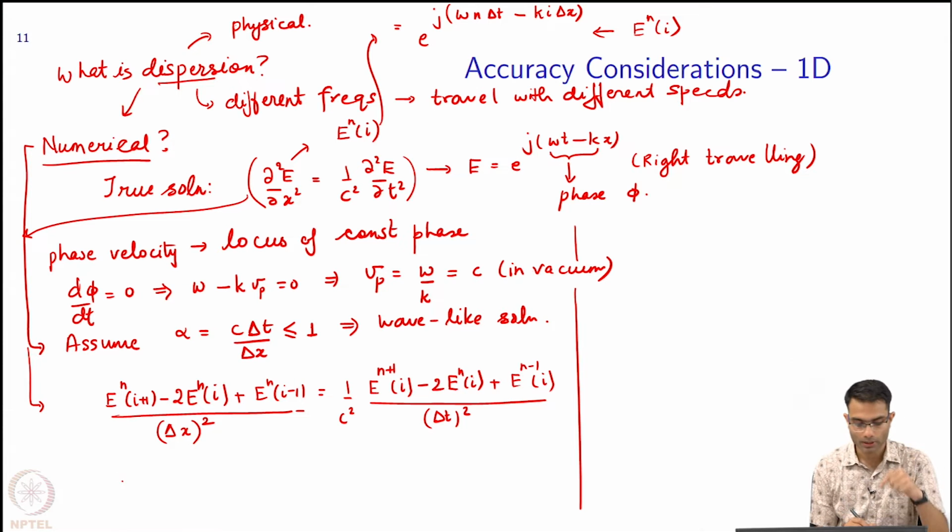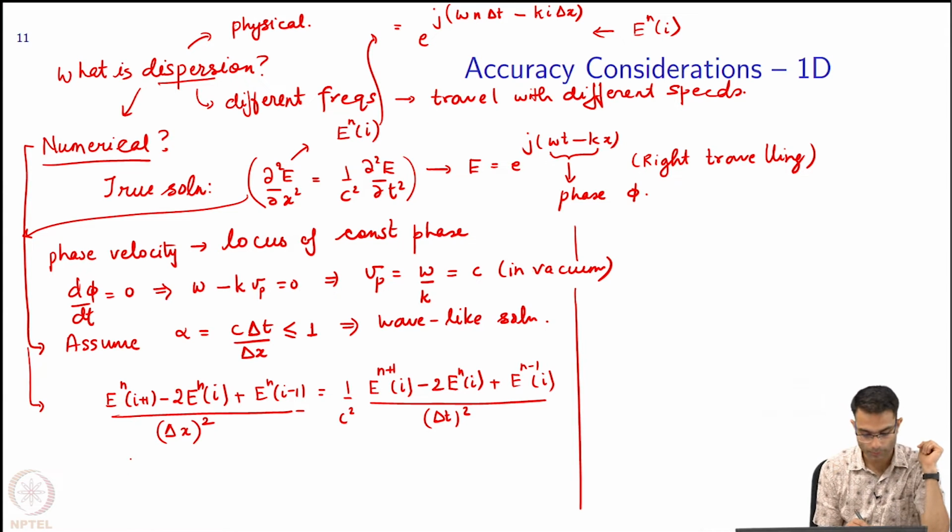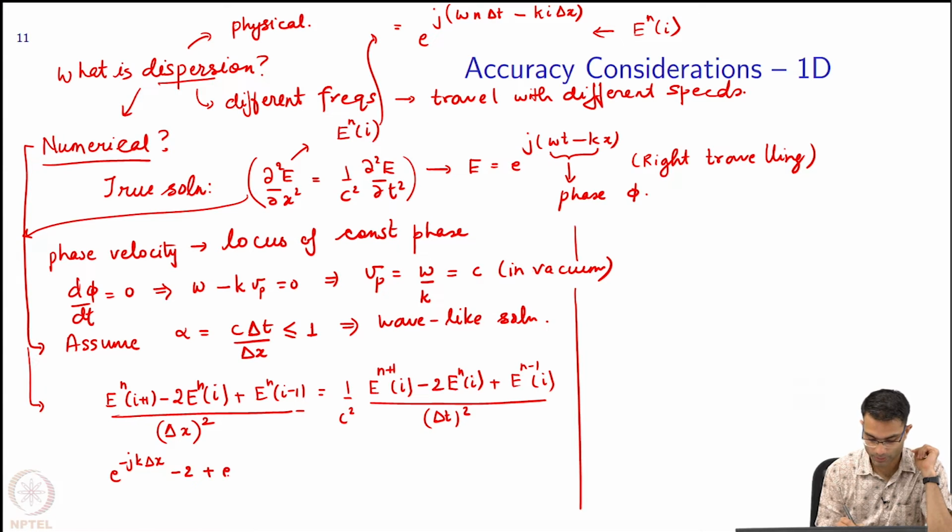The first term has i plus 1 in x, the i x is gone away. So, I am going to be left with e to the minus j k delta x minus 2 plus e to the j k delta x divided by delta x squared.